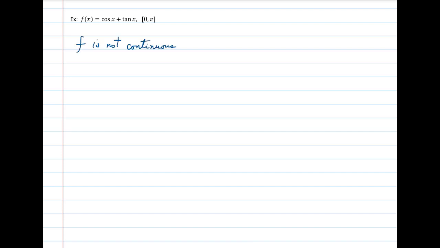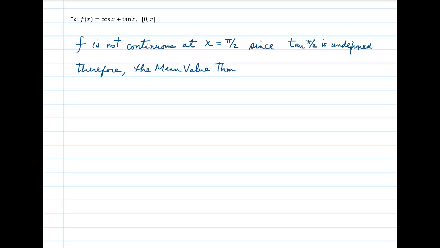Right away, without going any further, we can see that f is not continuous everywhere in that interval, 0 to pi, and specifically at x equal to pi halves, since tangent of pi halves is undefined. So we know we're not going to have continuity there. Therefore, we don't even need to compute the derivative or do anything else. The mean value theorem does not apply here, at least not on the interval 0 to pi.